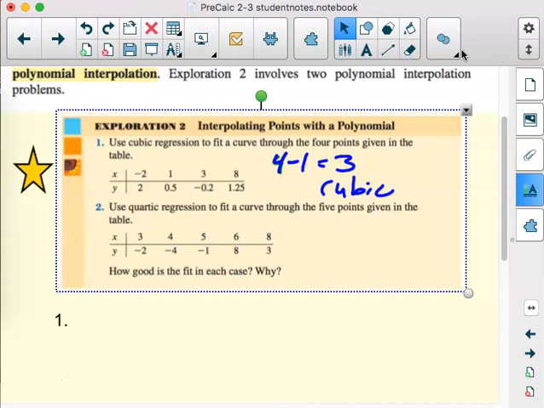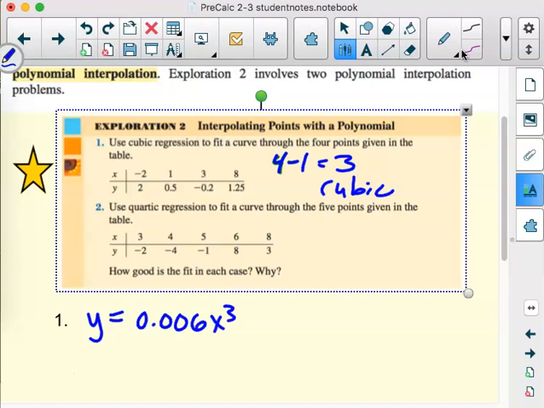And for number 1, it said fit a curve. It didn't say anything about functions, so again we could just go with y equals 0.006 x cubed plus 0.018 x squared minus 0.501 x plus 0.977.